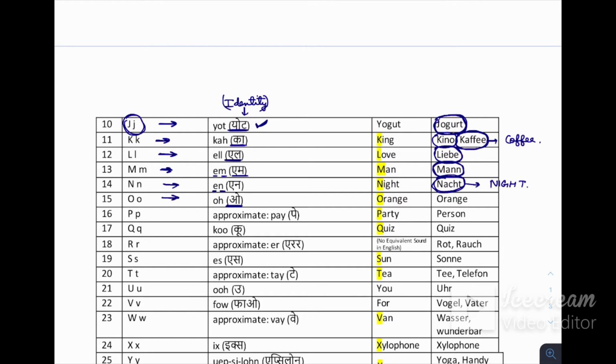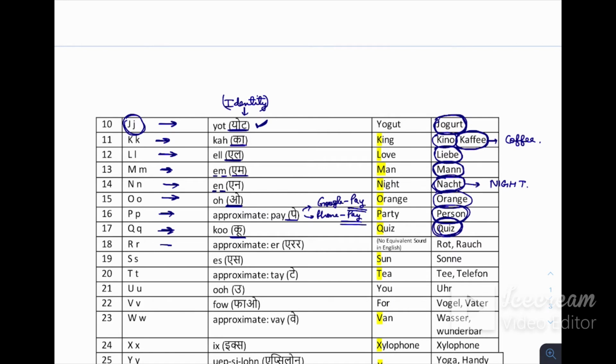Clear? O is O. O means orange. Clear? P is pay, like हम बोलते हैं ना गूगल पे और फोन पे, ये वाला पे. Person means person. Q is Q, as in quiz.